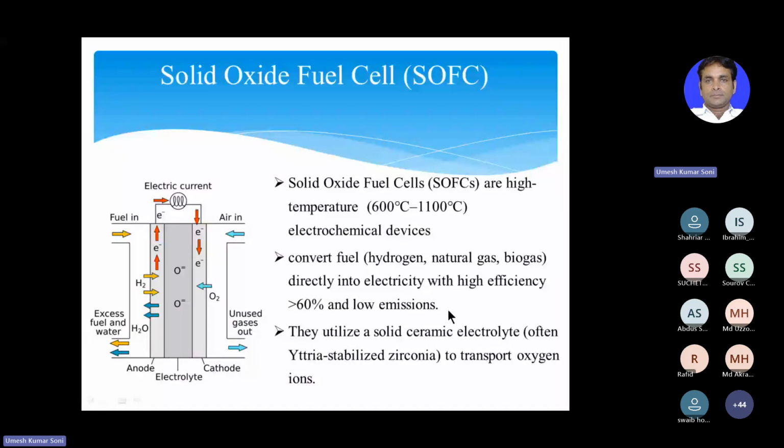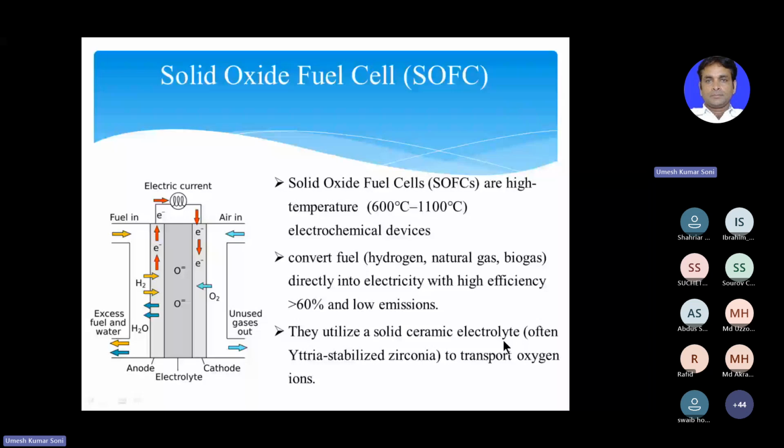Okay, so a solid ceramic electrolyte, yttria stabilized zirconia, is used to transport the oxygen ions. So here the solid ceramic electrolyte plays a very important role. So these are very compact types of fuel cells.